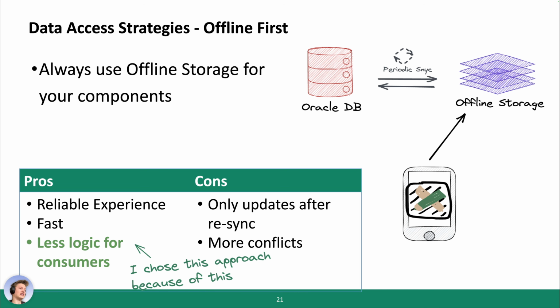It's actually faster to load your data from your own device memory than from the internet, of course, and less logic for me for building the plugins. Disadvantages: this only updates after having a sync, so it's not live data. Even if you're online, you don't see the record your colleague just updated, and you will, I guess, have more conflicts because the synchronizations happen only periodically.